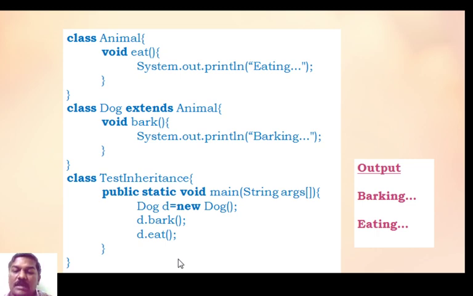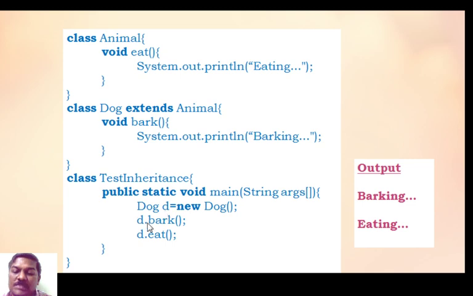See, the dog class will have a function called bark which will print the statement barking. Now I am going to create an object for dog. See, in the main program, D is the object I have created.